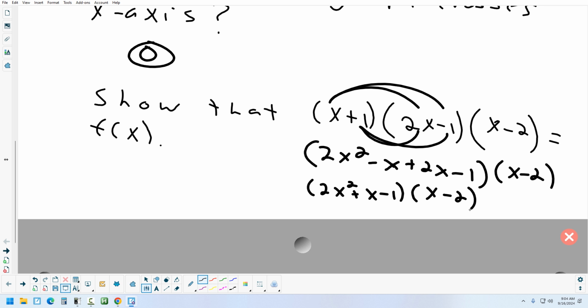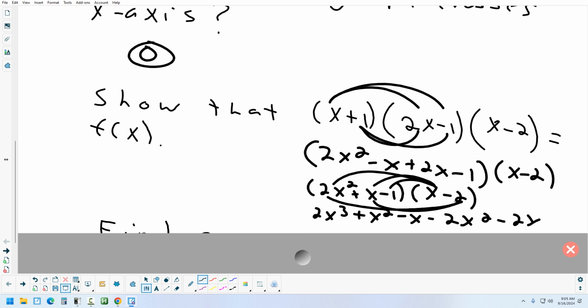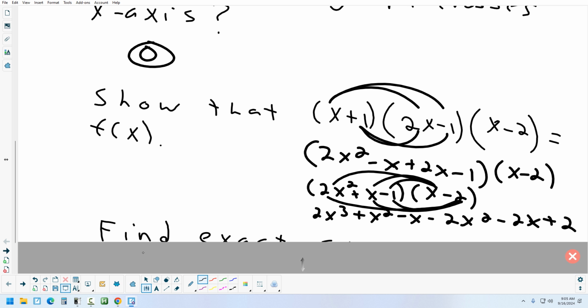And now just distribute everything out one more time. So we're going to get 2x cubed. We're going to get x squared. We're going to get minus x. Then we're going to get minus 2x squared, minus 2x. And -1 times -2 is +2. All right, let's combine all that together.